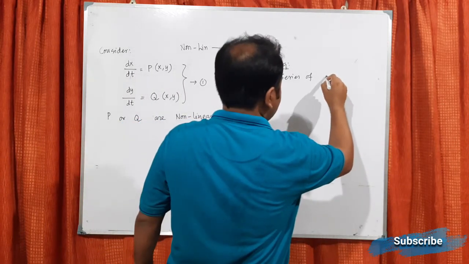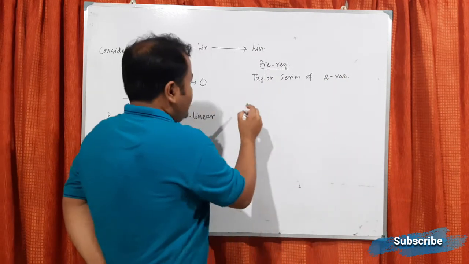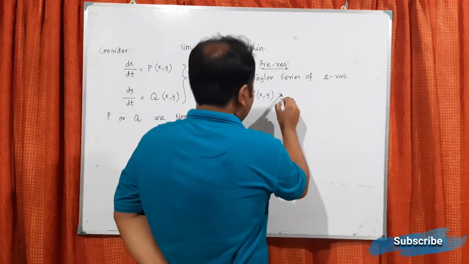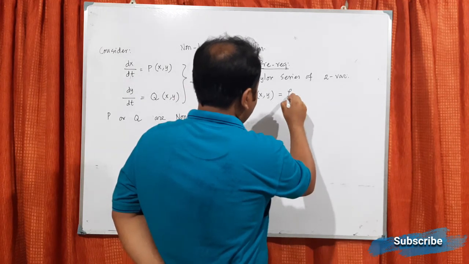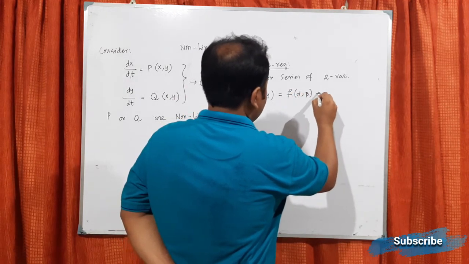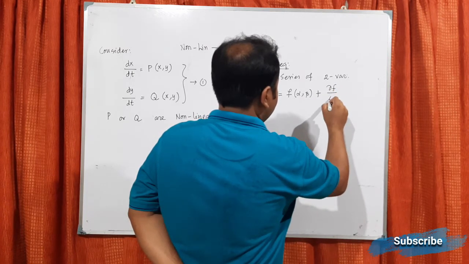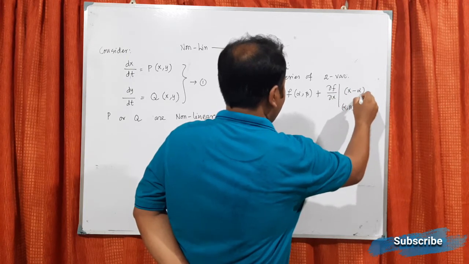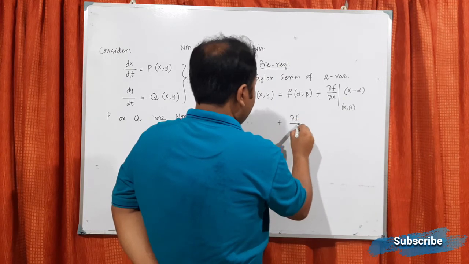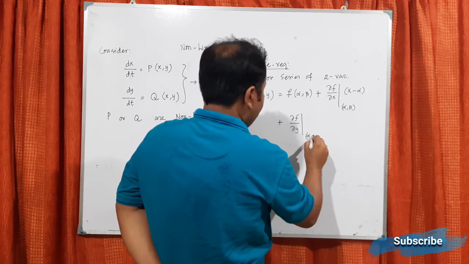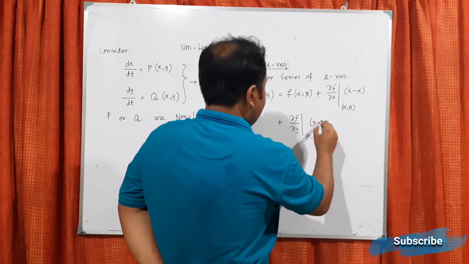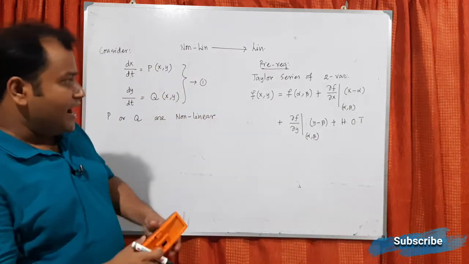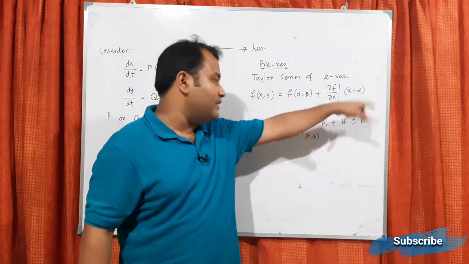If f(x,y) is a function, the Taylor series expansion around some point alpha, beta will be f(alpha, beta) plus del f del x at the point (alpha, beta) times (x minus alpha), plus del f del y at the point (alpha, beta) times (y minus beta), plus higher order terms. Higher order terms means squares, cubes, like that.